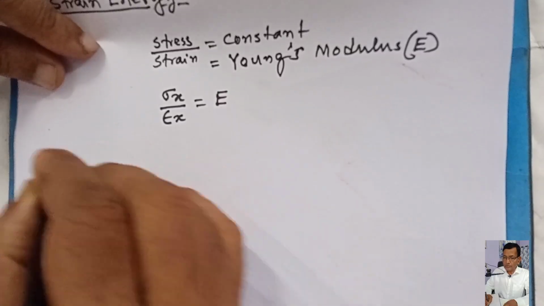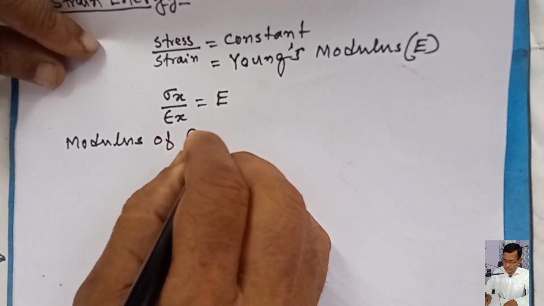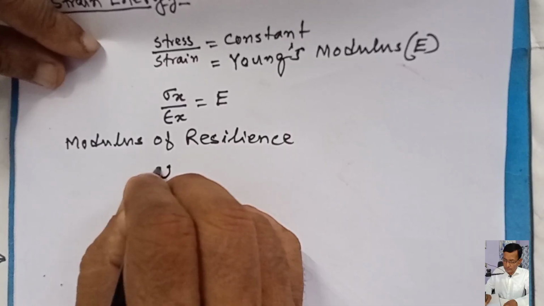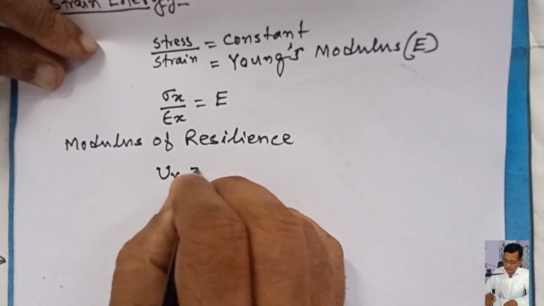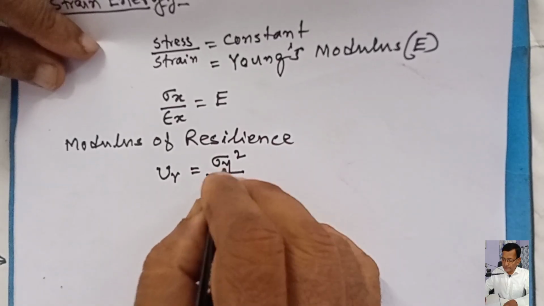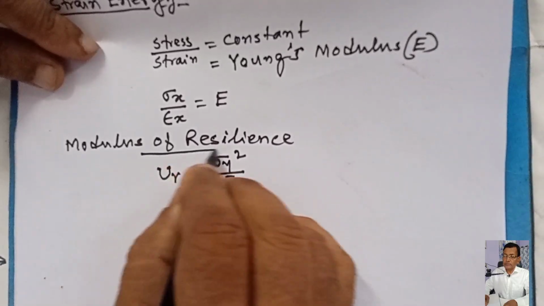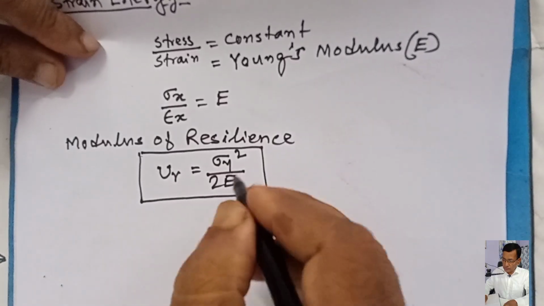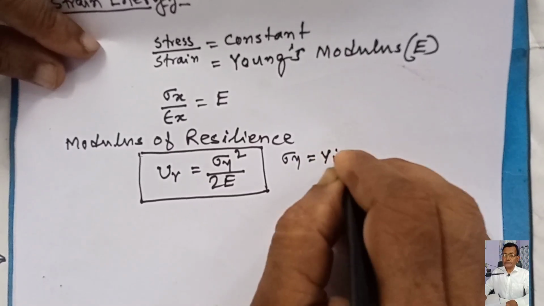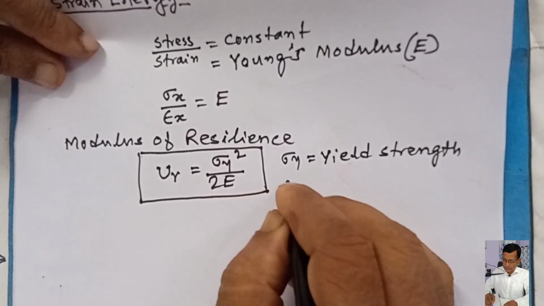Now, modulus of resilience UR is equal to sigma y square divided by 2E, where sigma y is yield strength and E is Young's modulus.